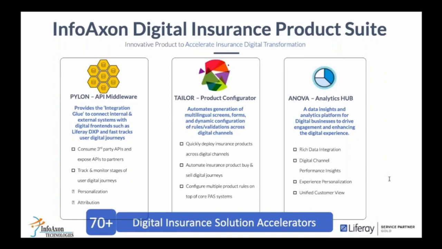It also has out-of-the-box integration with a number of systems, like your Vahan or your UIDAI as an Aadhaar or other credit systems, payment gateway systems, which helps you accelerate your implementation.